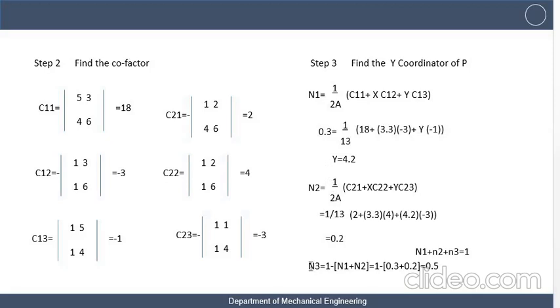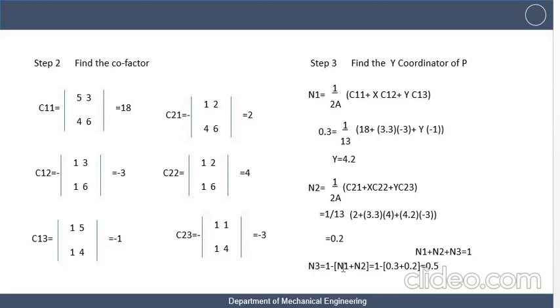Then to calculate n3, the formula is n1 plus n2 plus n3 is equal to 1, which means n3 is equal to 1 minus in bracket n1 plus n2.